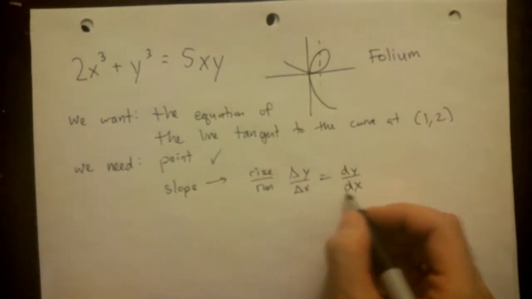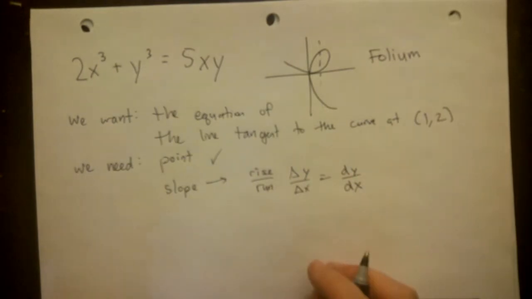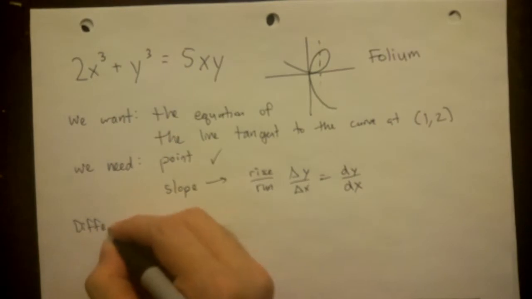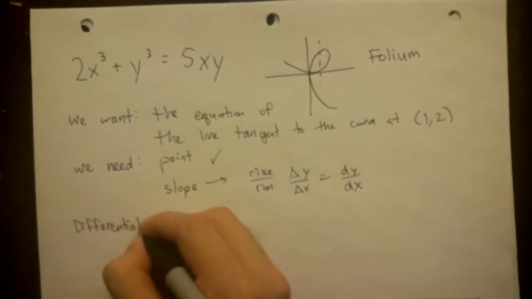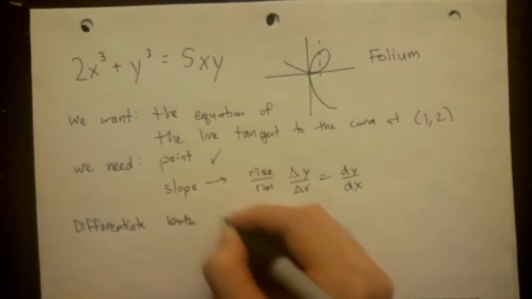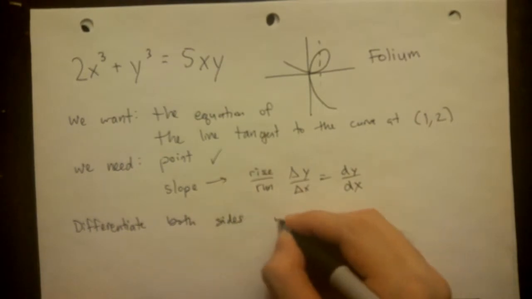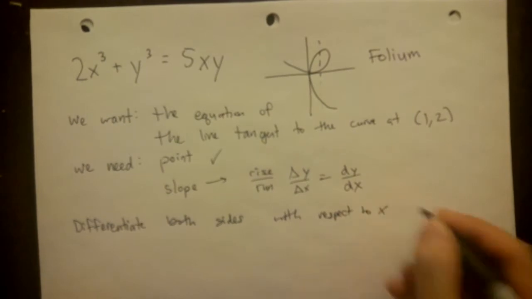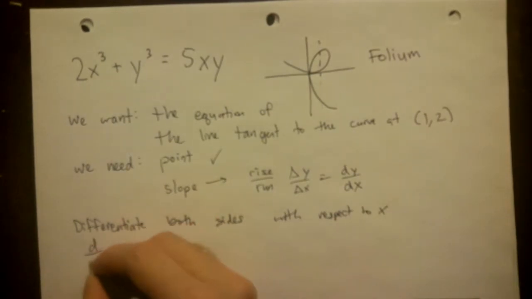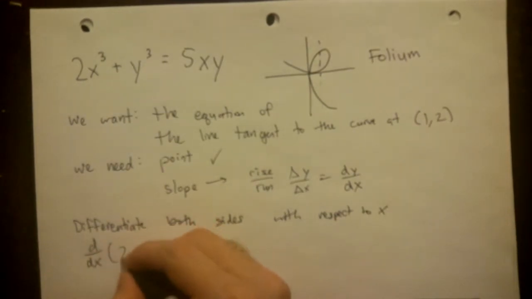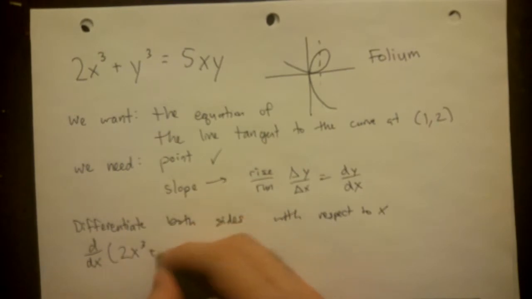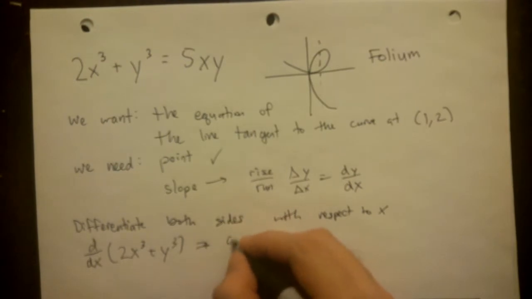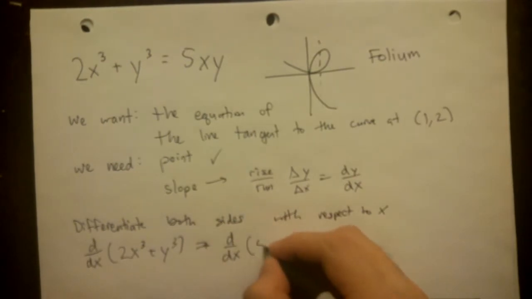So in order to get dy/dx, we need to differentiate both sides with respect to x. Meaning, perform d/dx of the left-hand side equals d/dx of the right-hand side.